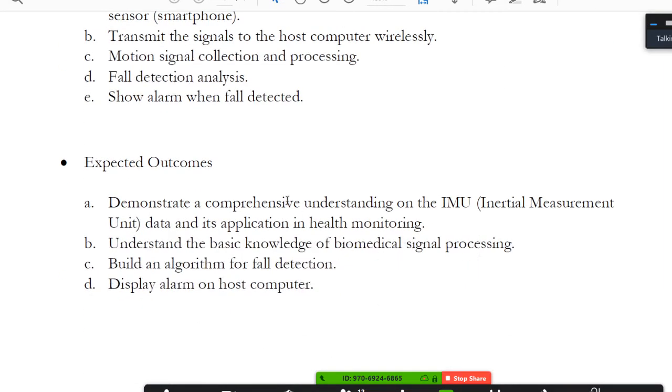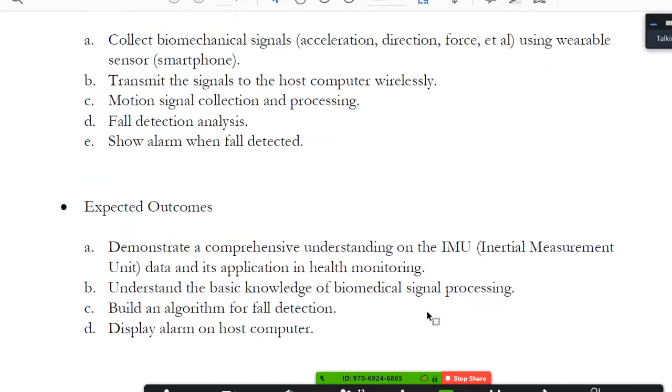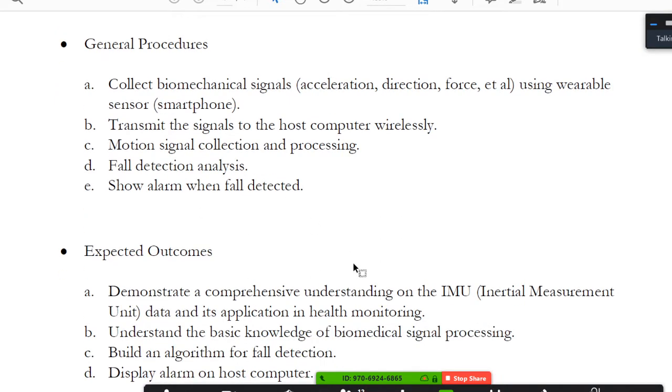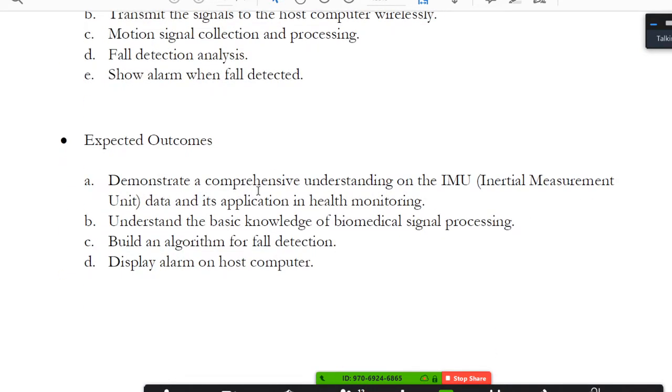And this is the expected outcomes. Basically, when you do the final presentation, you need to include all the general procedure, and the outcome should demonstrate comprehensive understanding of the IMU. So what's the inertial measurement unit? For example, how to determine the x-axis, y-axis, z-axis, and how to build a model, I mean a simple model.